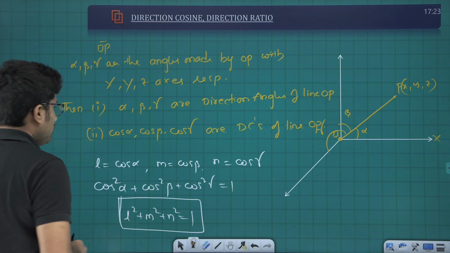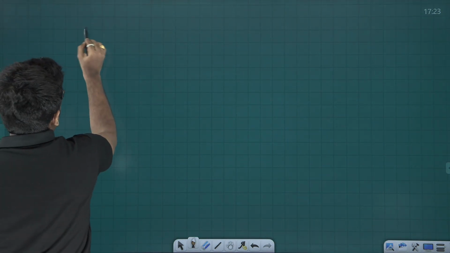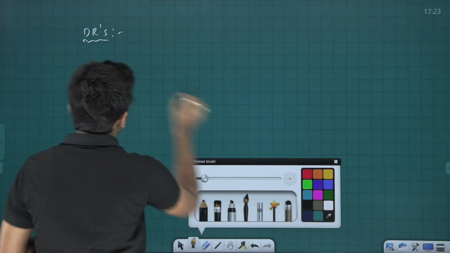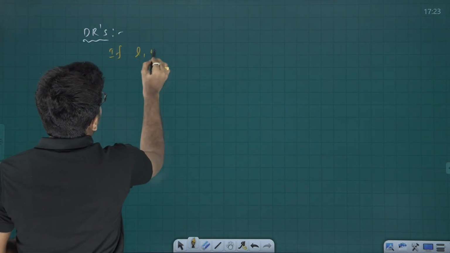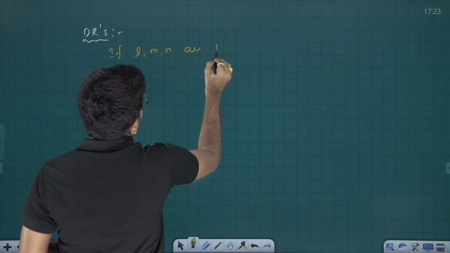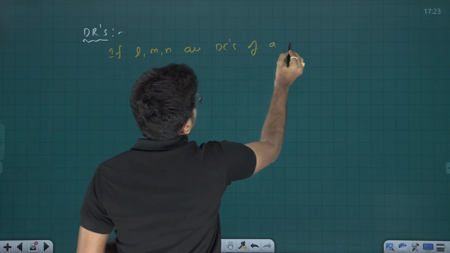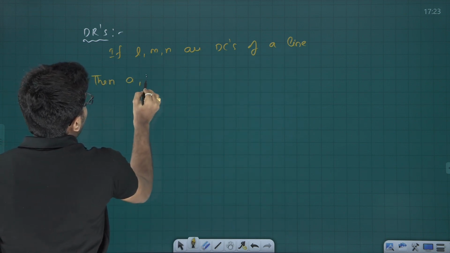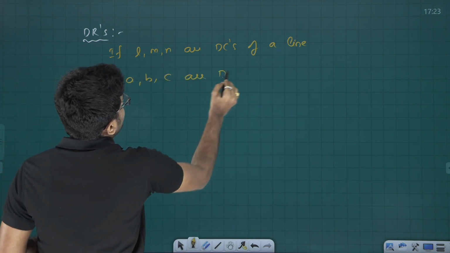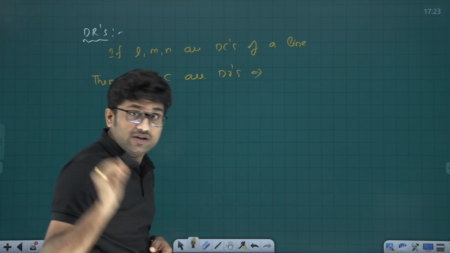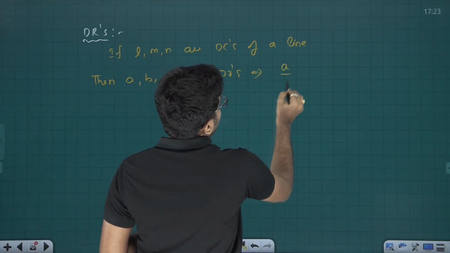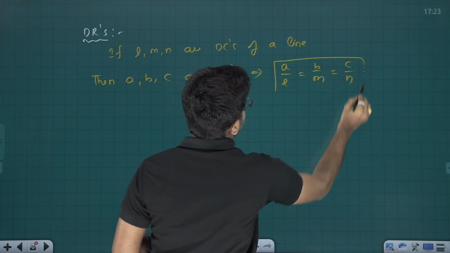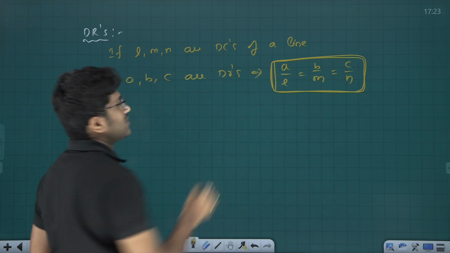Next, direction ratios, we just call them DRs. Now coming to DRs, friends, if L, M, N are DCs of a line, then A, B, C are DRs if and only if A by L is equal to B by M is equal to C by N. That means all the proportional values to DCs are called DRs, friends.